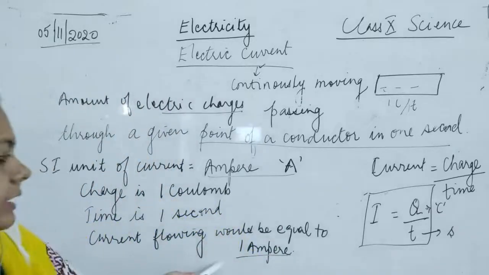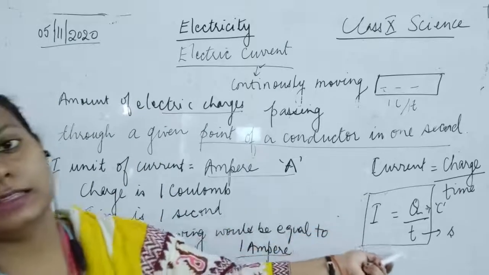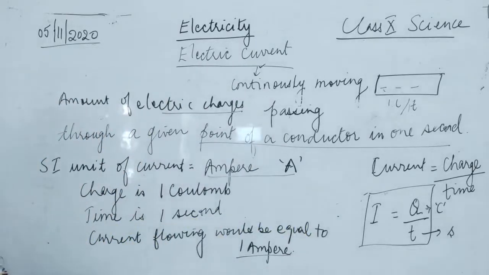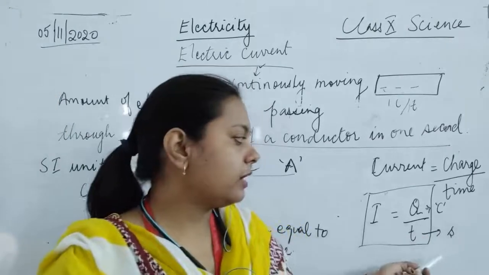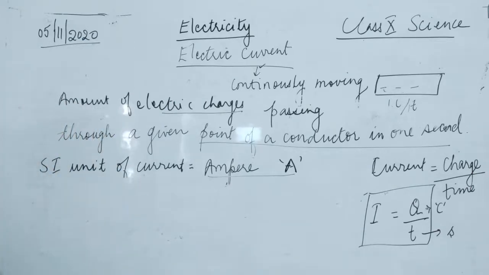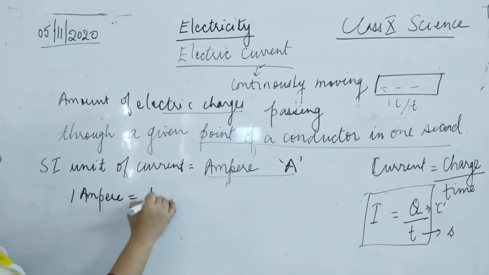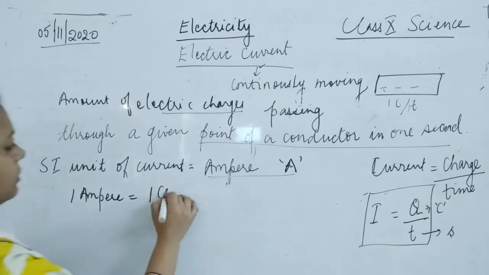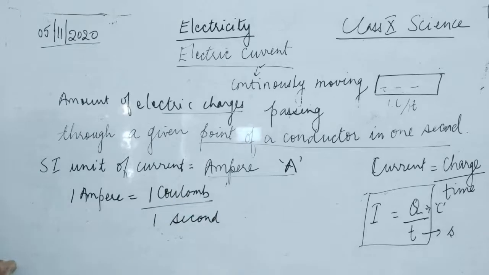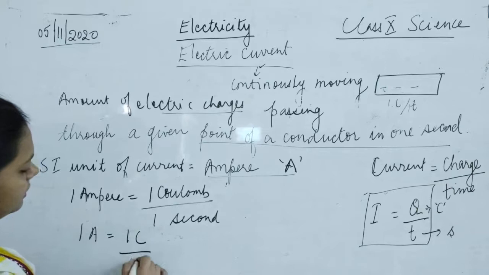So if we look at the definition of current, charge flowing through 1 unit time could be 1 second. Whatever charge flows in 1 second, we call it current. If we have to define 1 ampere, how can we define 1 ampere? 1 ampere means 1 coulomb of charge flowing in 1 second, that is equivalent to 1 ampere. So how can you write down the SI unit of this? 1 ampere is equal to 1 coulomb upon 1 second.